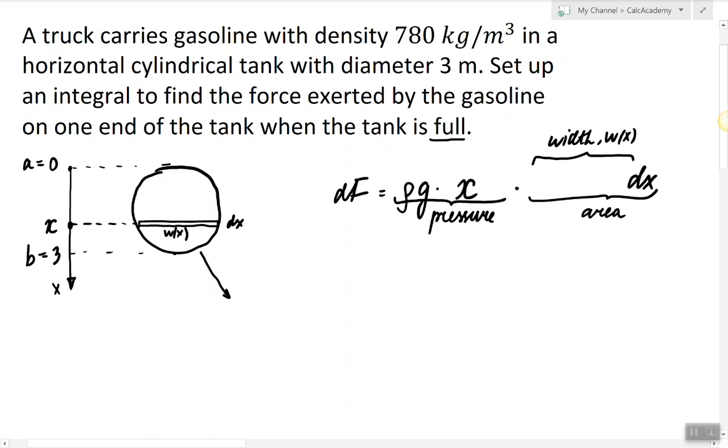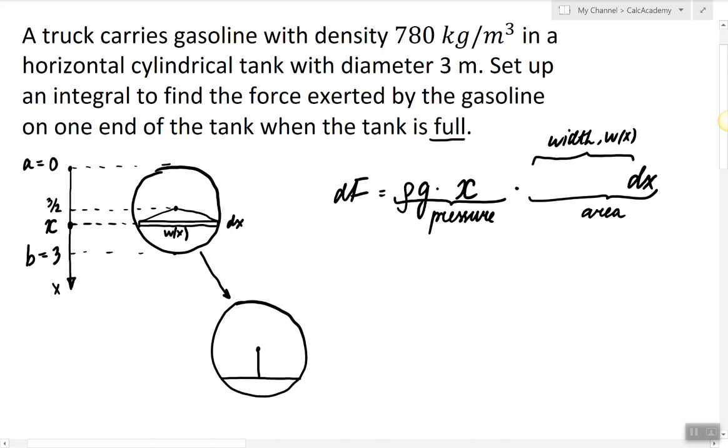So let's take this picture outside of that context and let's solve this problem geometrically. So we have a circle, we have an unknown width, and we also know this distance. This distance can be computed by looking at the distance between the coordinate of the center, which is at 3/2, and x.